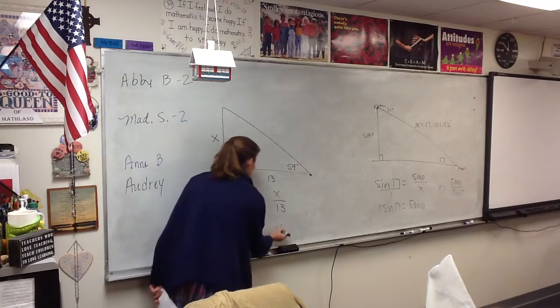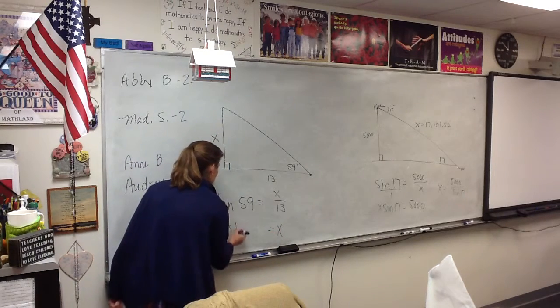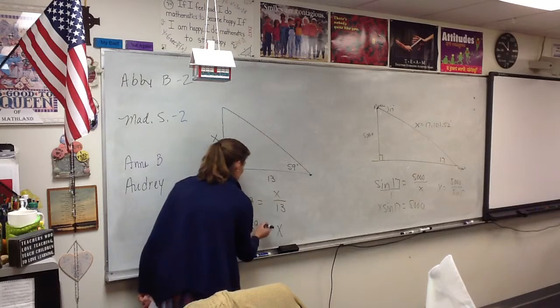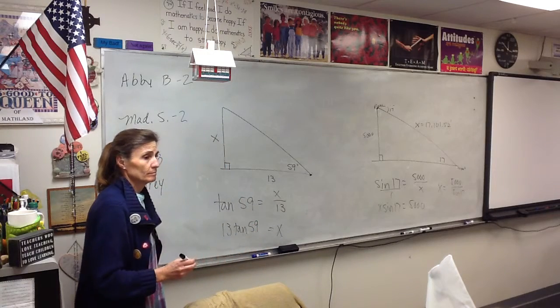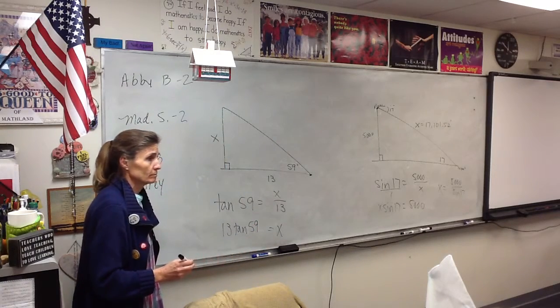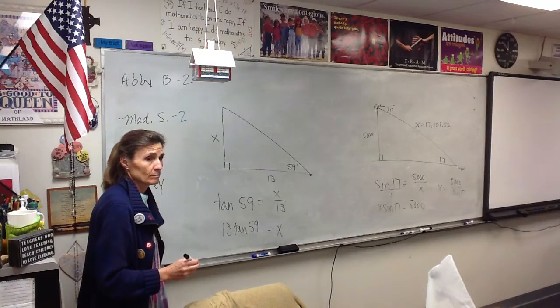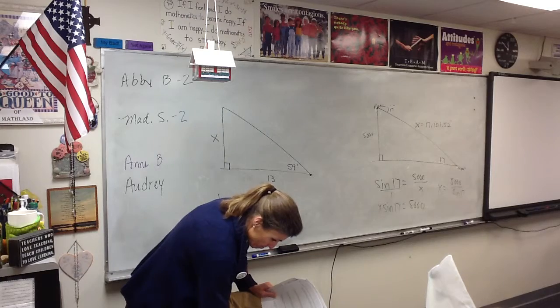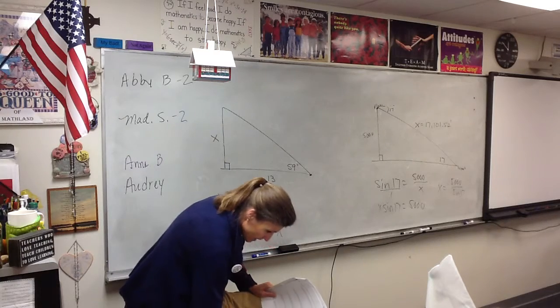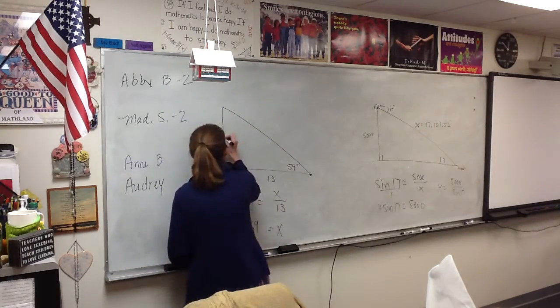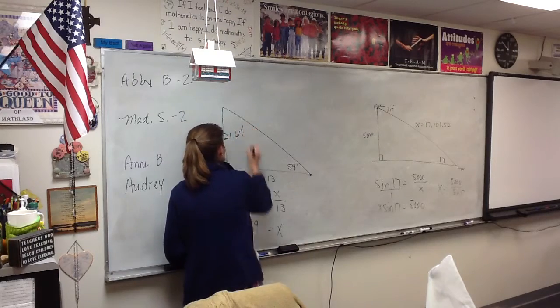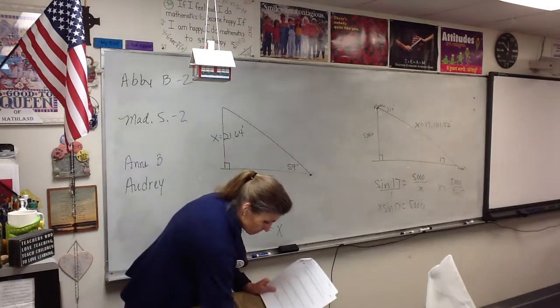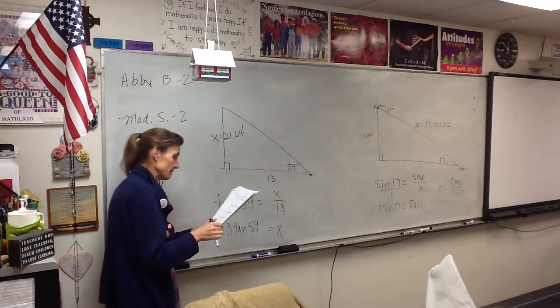So x equals 13 tangent 59. So I go to my calculator. I got 21.64 feet.